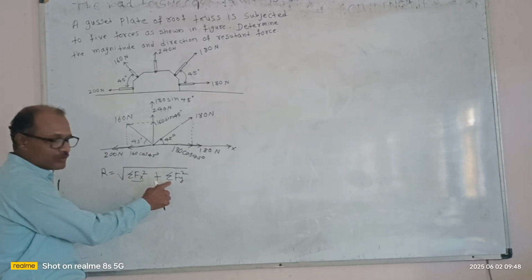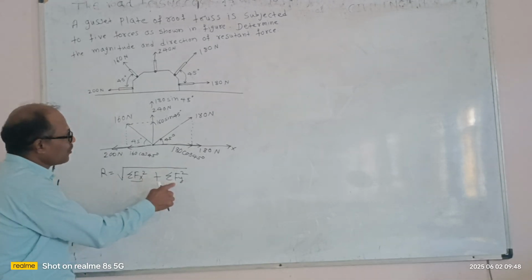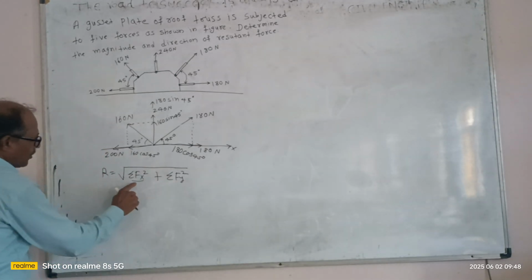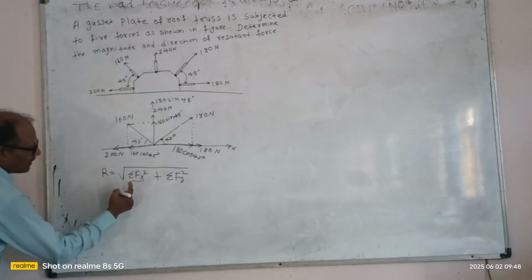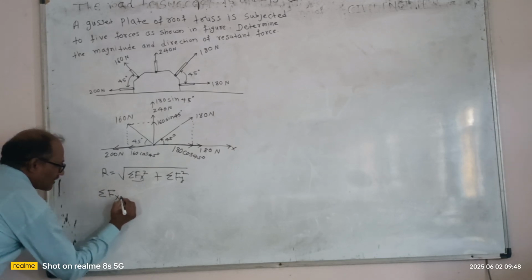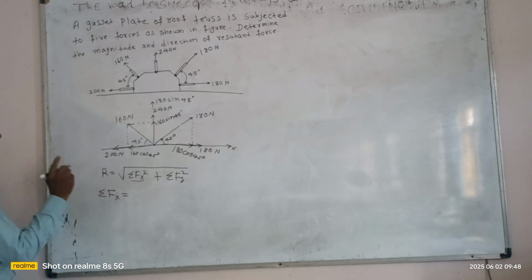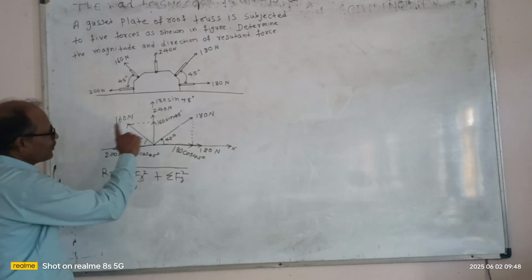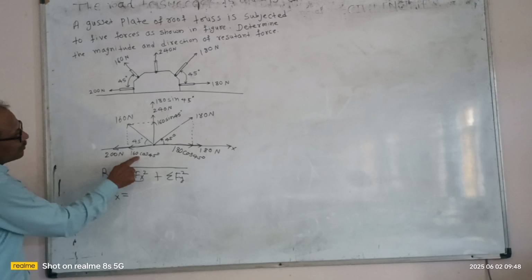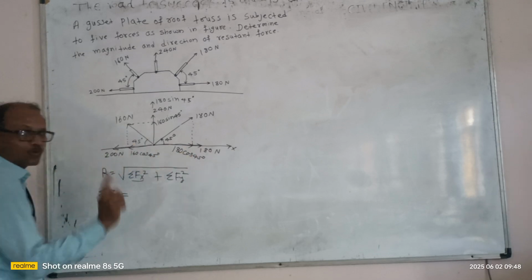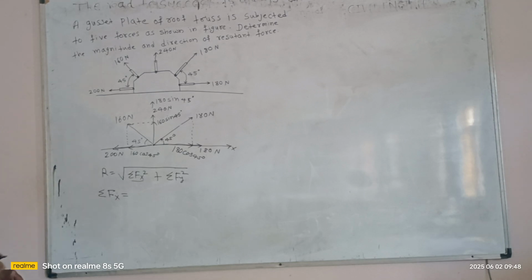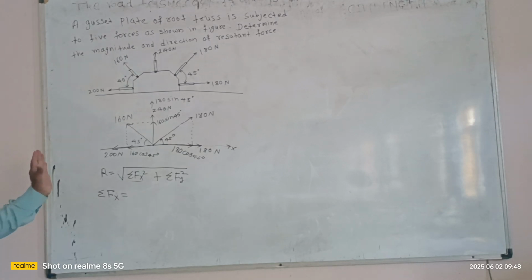Summation of Fy means the algebraic summation of all forces in the y direction. So first of all, we will calculate the algebraic summation of all forces in the x direction. How many forces do we have in the x direction in total? 1, 2, 3 and 4. We have 4 forces in the x direction.